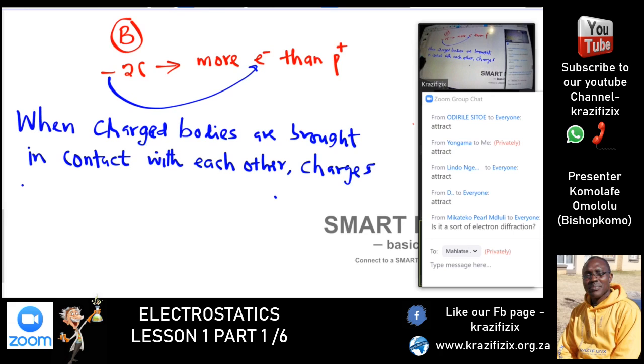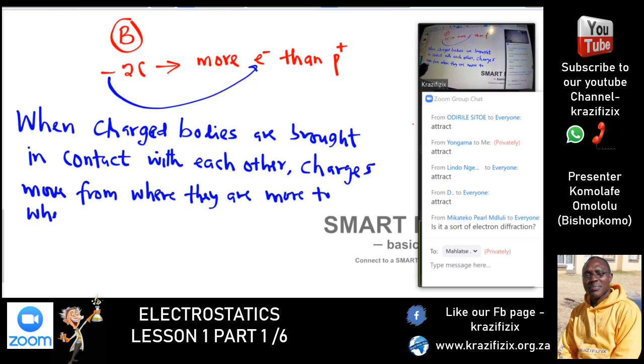Our focus will be on electrons. Charges move from where they are more. I'm repeating that information because it's important. Where they are more to where they are less. Charges would move from where they are more to where they are less.